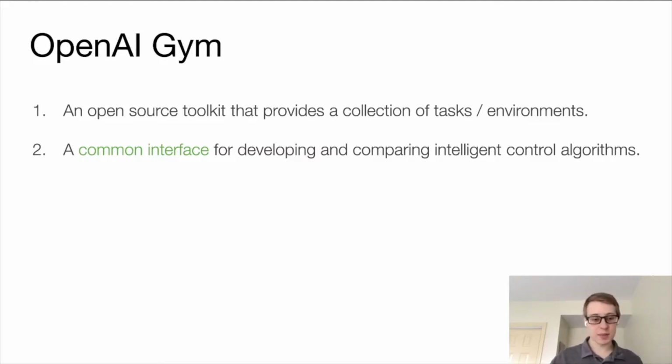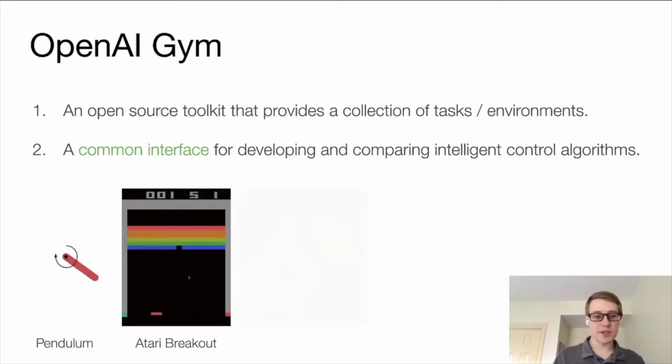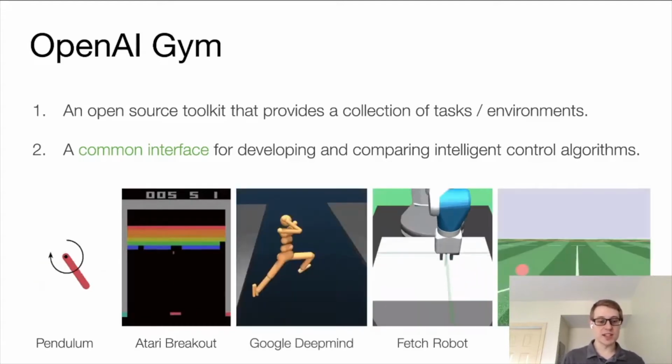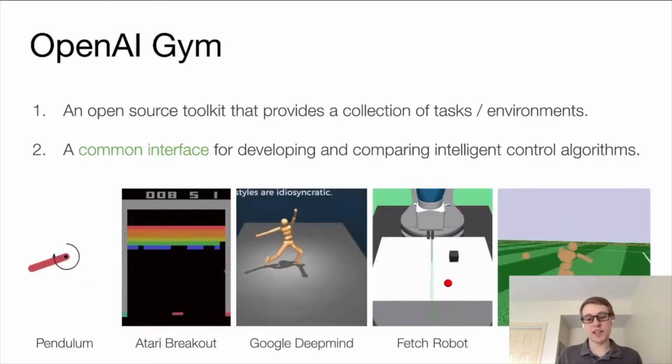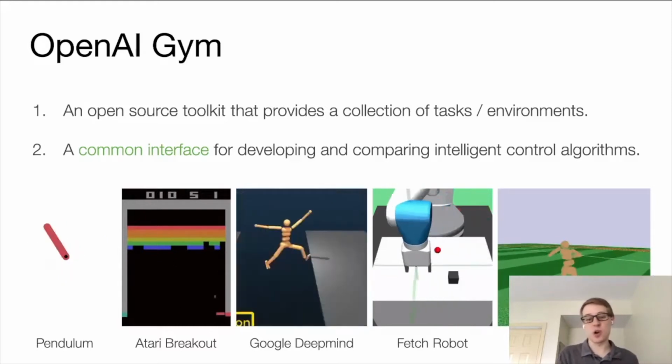And I think up here we should see a couple of different videos or short animated GIFs of different things that you might encounter in OpenAI Gym. So you use the exact same interface to do all of these different things.